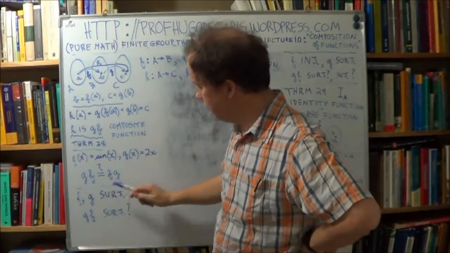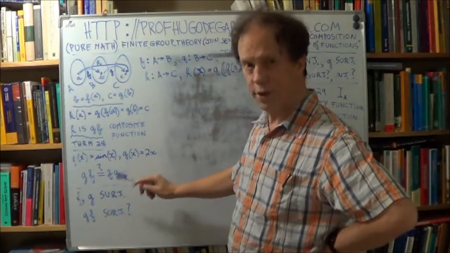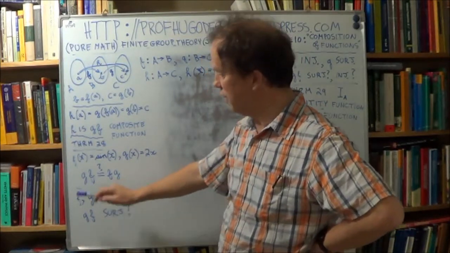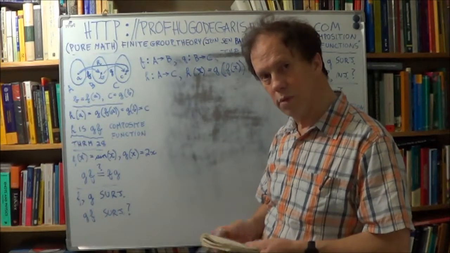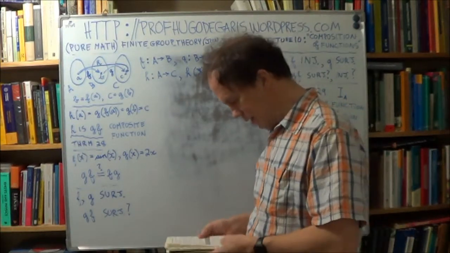Like, if you did G first and then F, would the result be the same as doing F first and then G? So is that true in general or not? What's your intuition? What would you say?